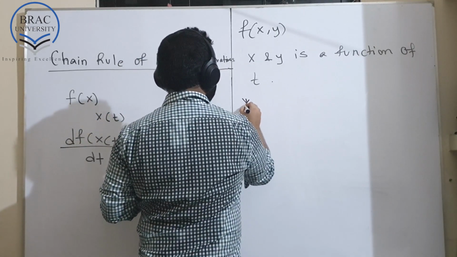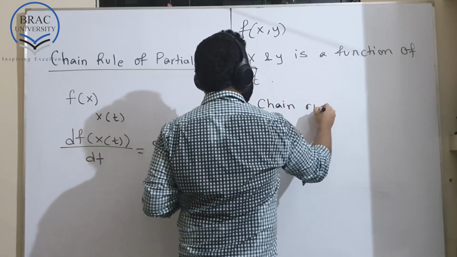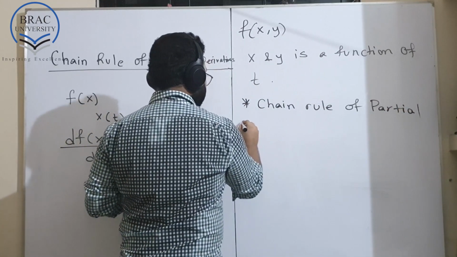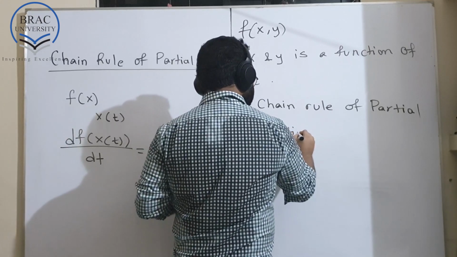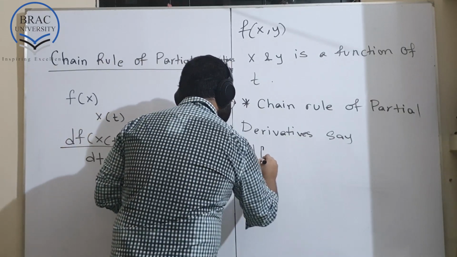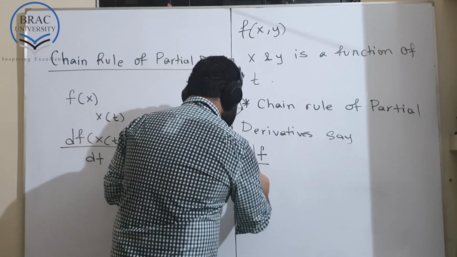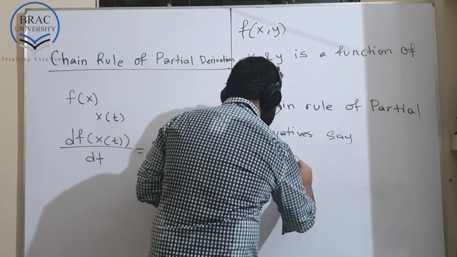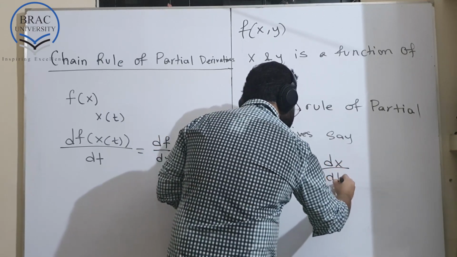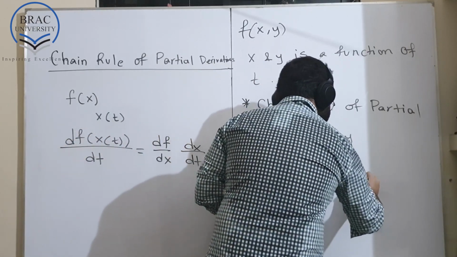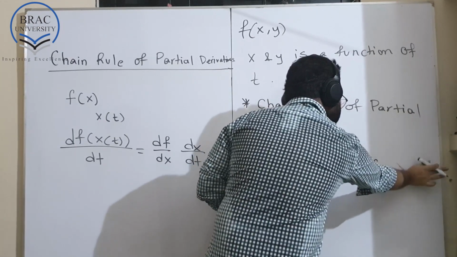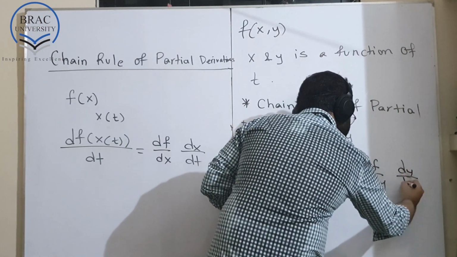In this case, the chain rule of partial derivatives says that we have to do the following: df/dt is the partial derivative with respect to x times dx/dt, plus again the partial derivative with respect to y times dy/dt.